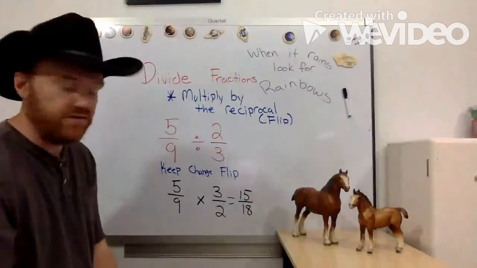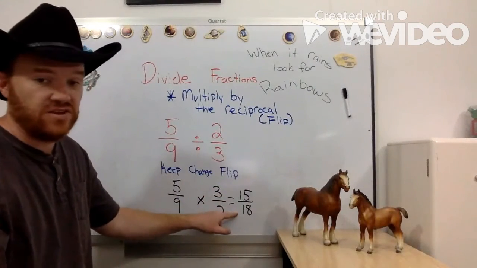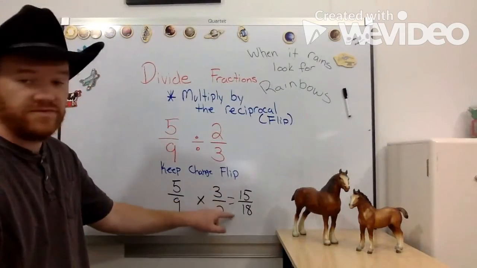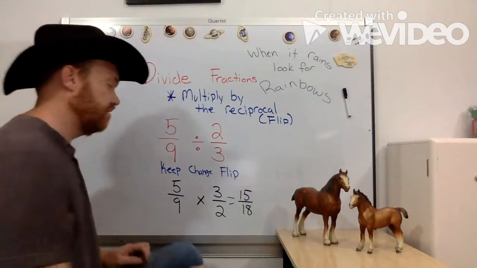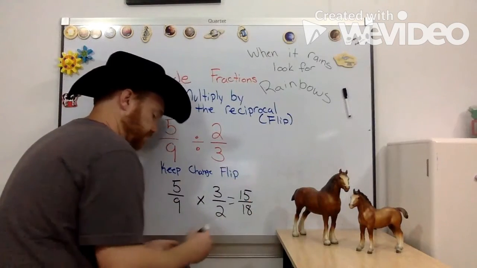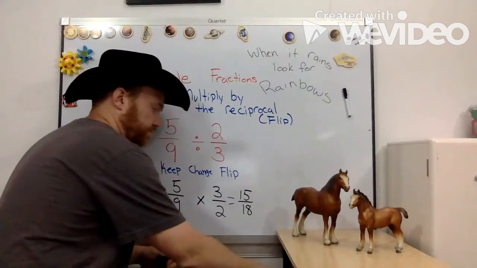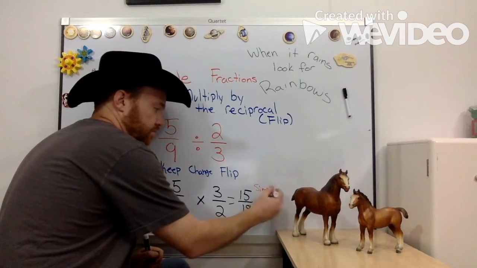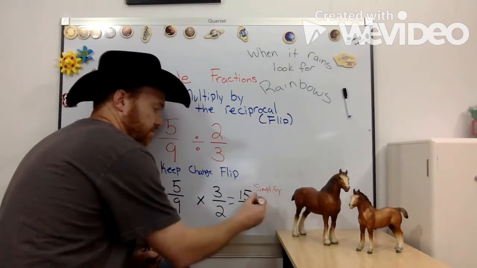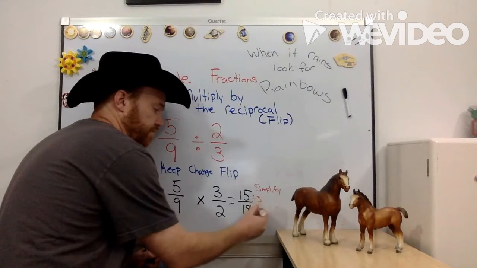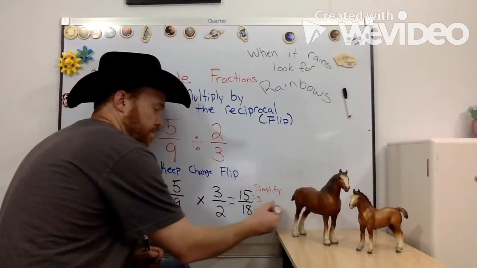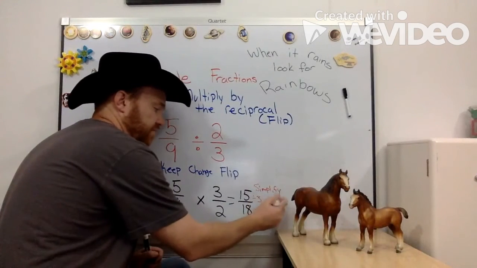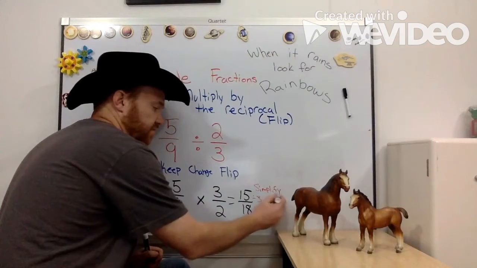15/18. However, I look at that and I say, oh, you know what? There's a common factor, so I can simplify that. I'm going to simplify it by dividing both by 3. 15 divided by 3 is 5.